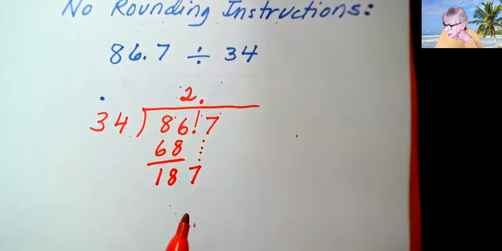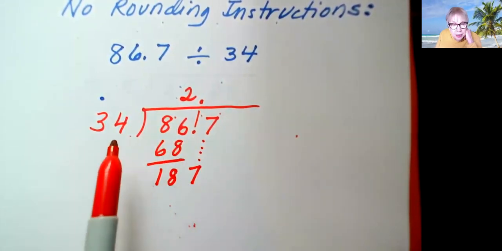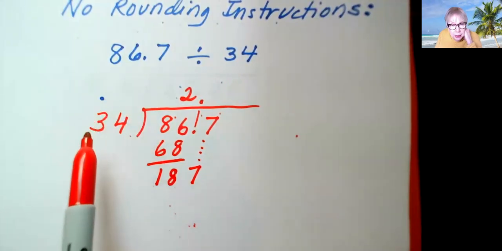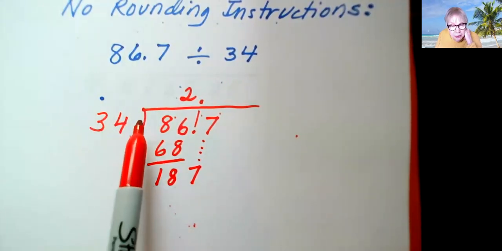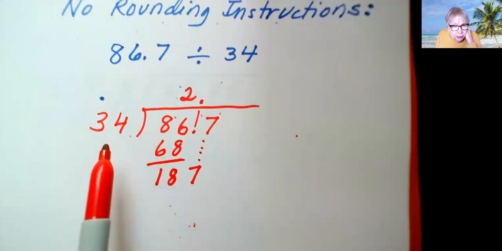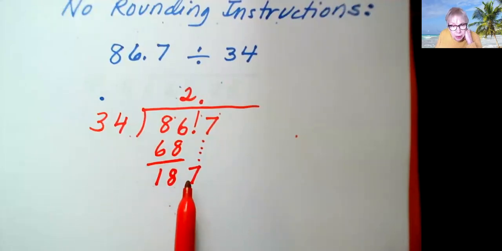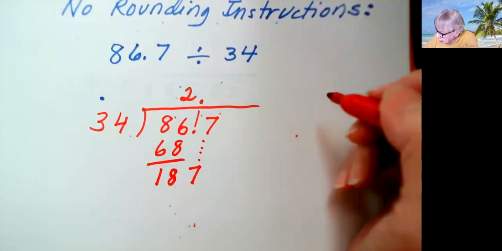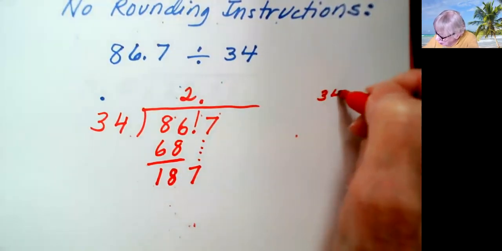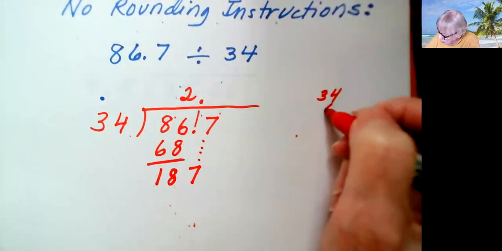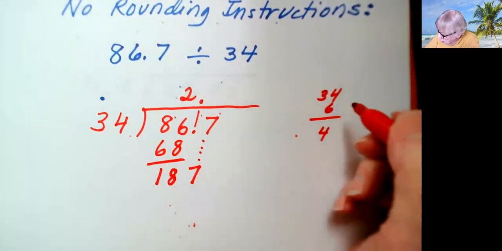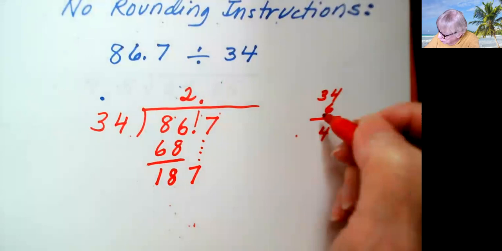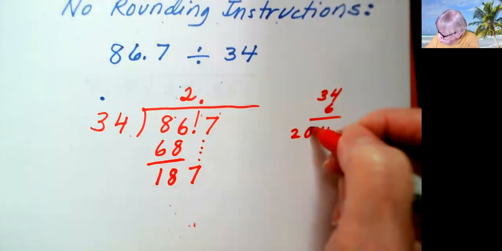34 into 187. Okay, so now I need to think. We talked about thinking of this as 30 so that we could make a decent guess. This is like 180, so it's like 3 into 18 is 6. I'm going to check it on the side. 34 times 6: 24, carry a 2, 18 and 2 is 20.